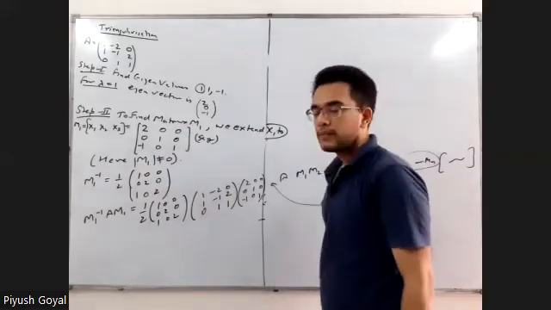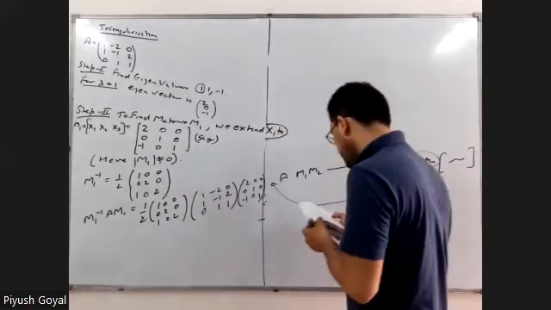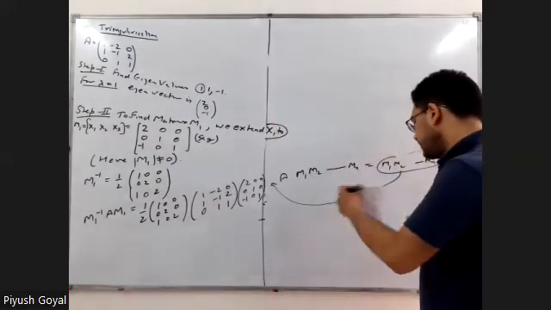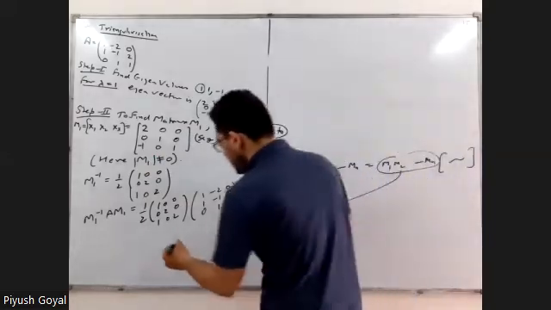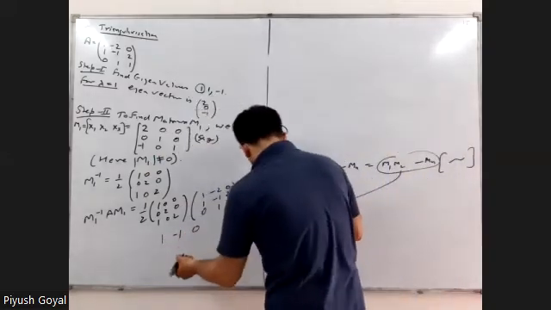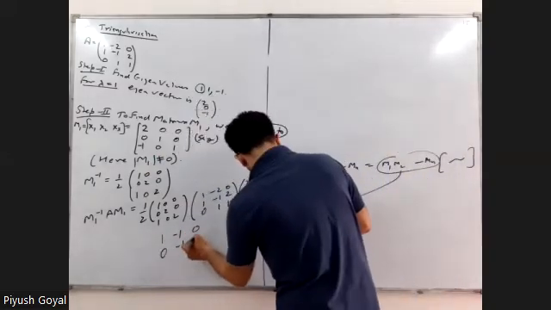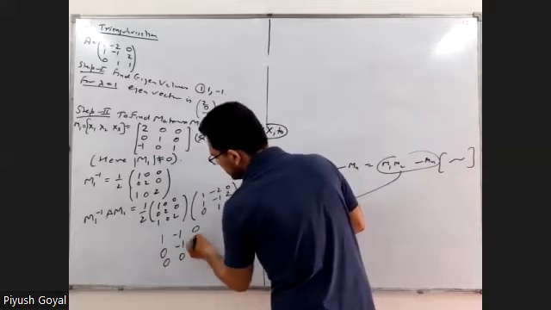When you multiply, your answer will be 1 minus 1 0, then 0 minus 1 2, and then 0 0 1.